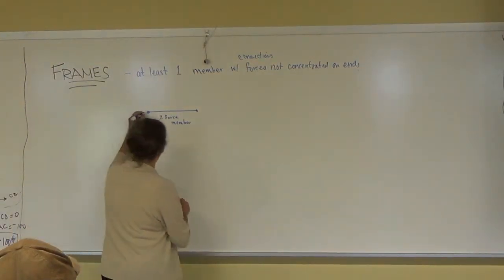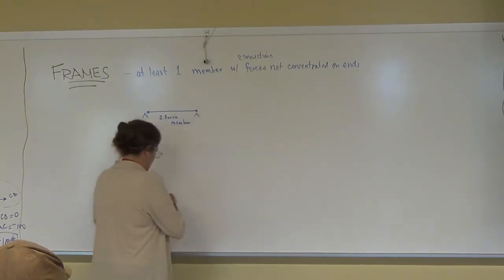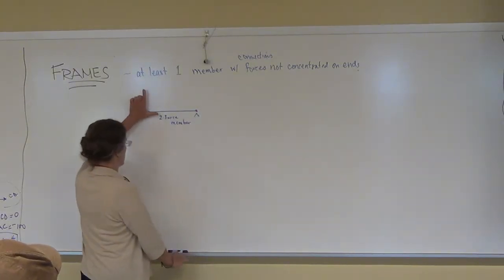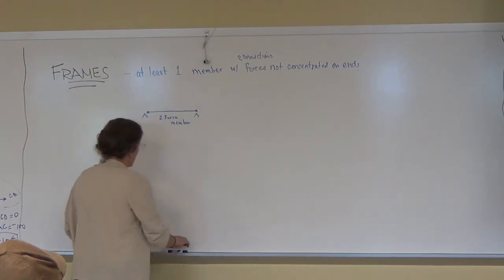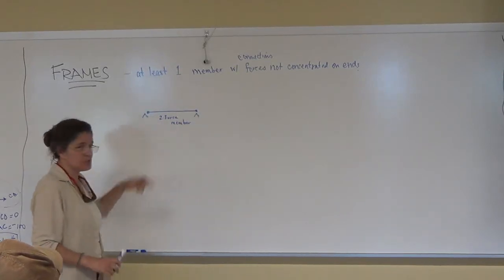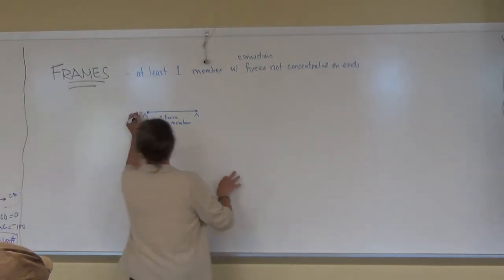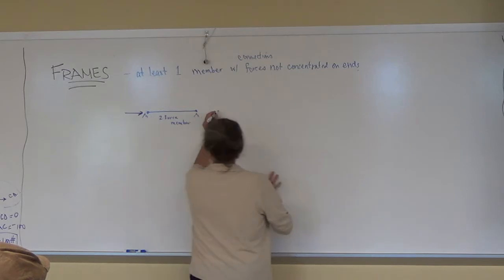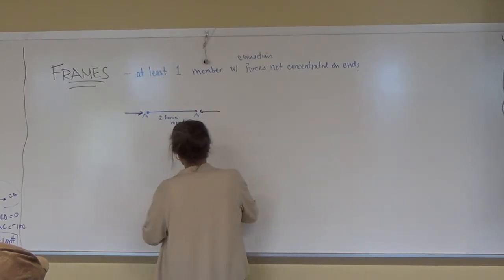If this is, let's say, a pin here, and this is a pin here, ordinarily what would we do? We would put an AX and AY and a BX and BY. We would put 4 unknowns. But what do we know? Because it's a 2-force member, the forces have to go through the center. So it's either going to be like this, right? Or it's going to be the other way.